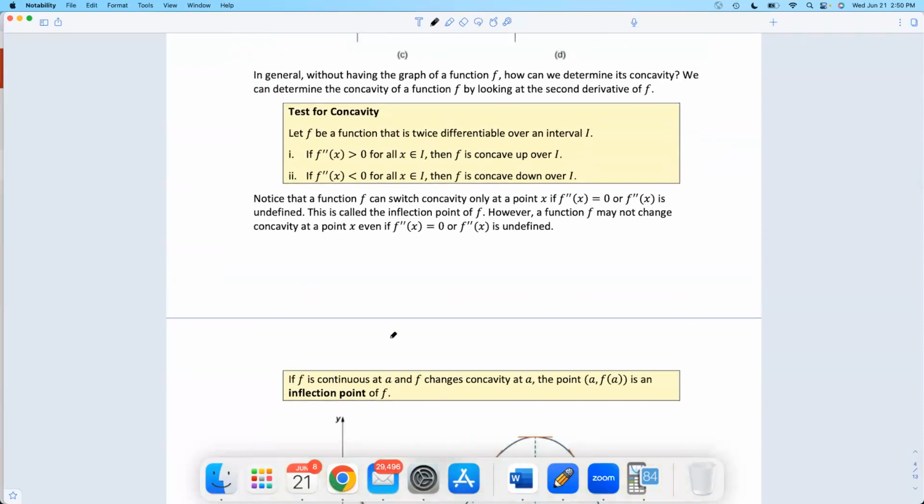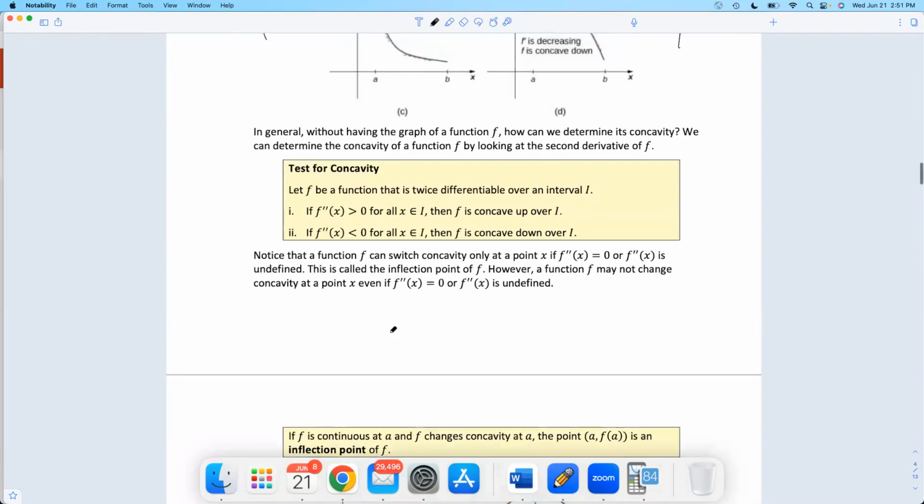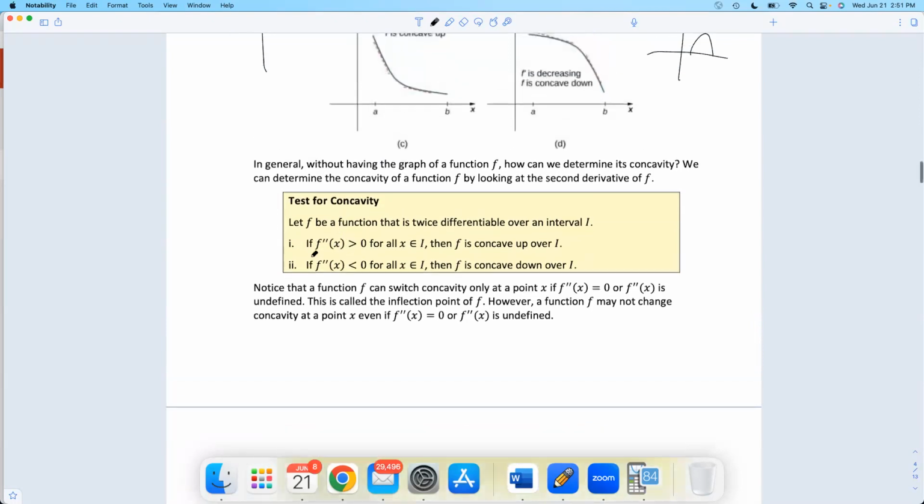It's the second derivative that determines concavity. And this one you might get backwards. I remember when I took this class, I would always get these backwards. So when the second derivative is positive, you're concave up.